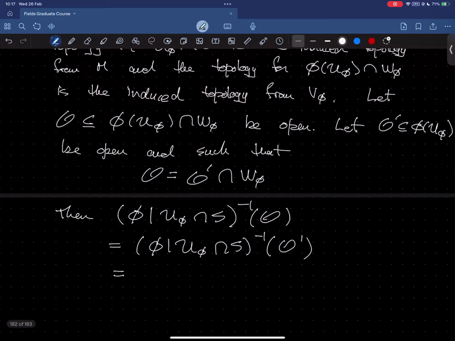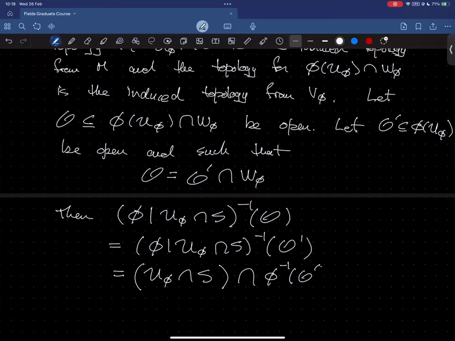So it's going to be U phi intersect S intersect phi inverse of O prime.